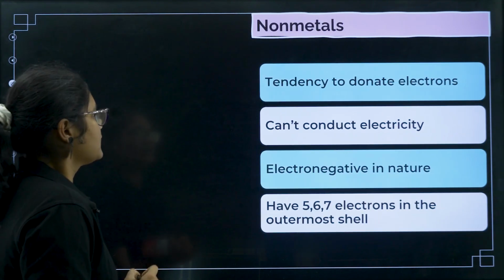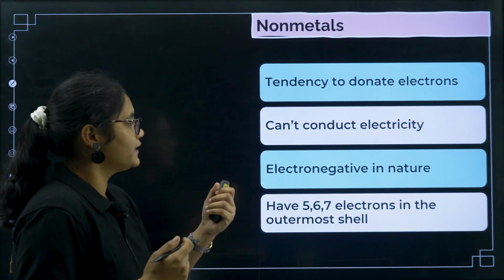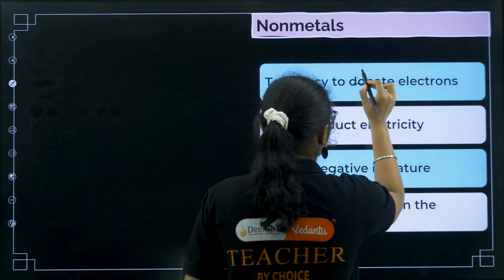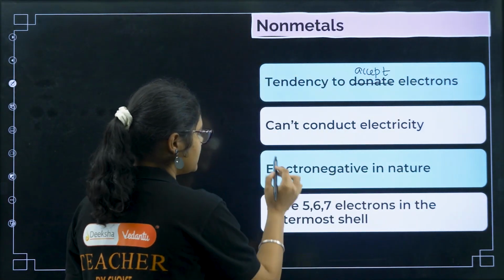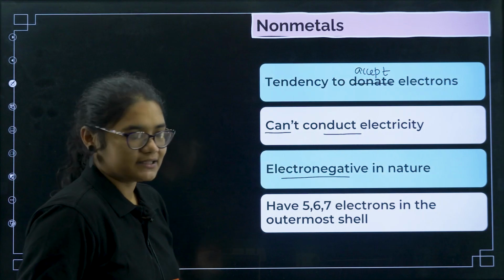Coming to non-metals, they have the tendency to accept electrons. Non-metals can accept electrons and they cannot conduct electricity. They are electronegative in nature.